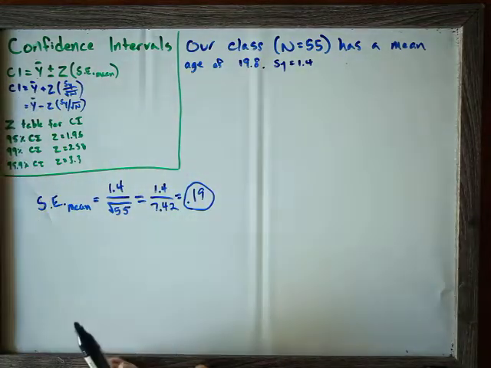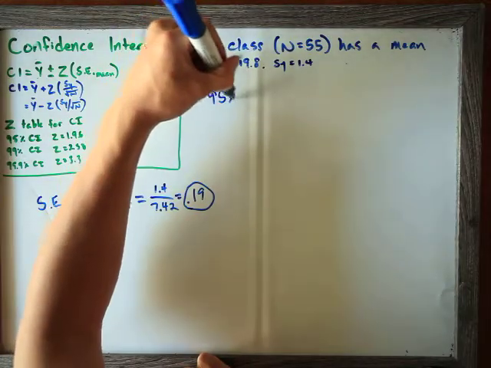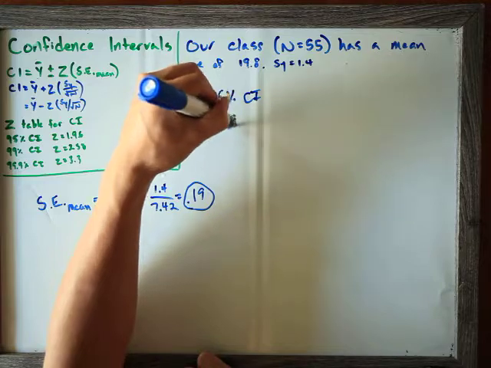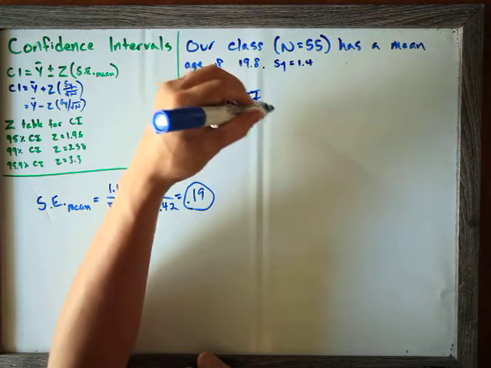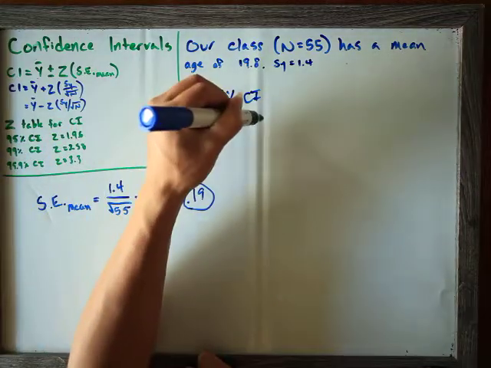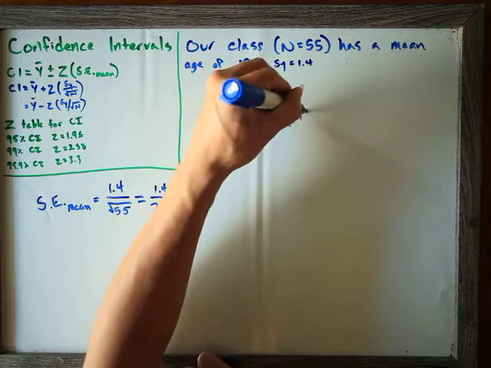So to find a 95% confidence interval, we would do y bar, which is 19.8, plus z for a 95% confidence interval, which is 1.96, and we would multiply that by 0.19.